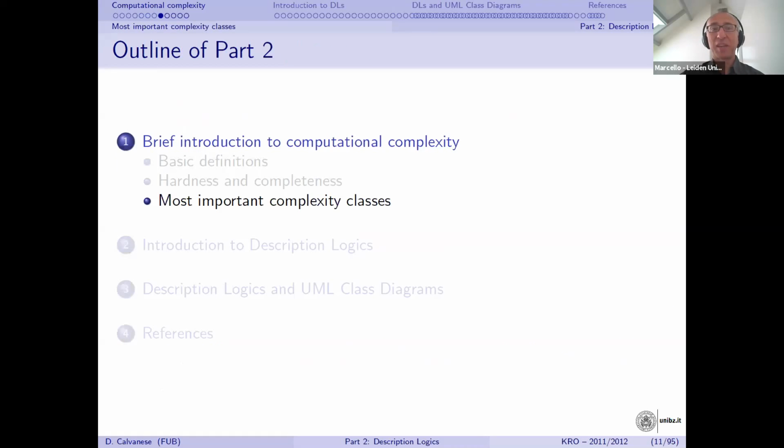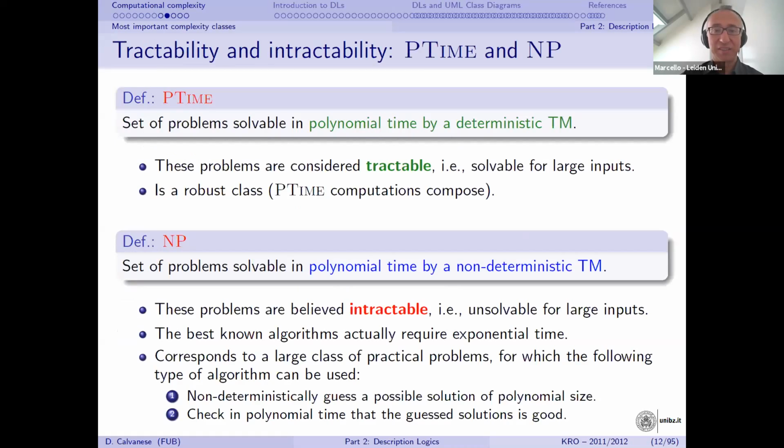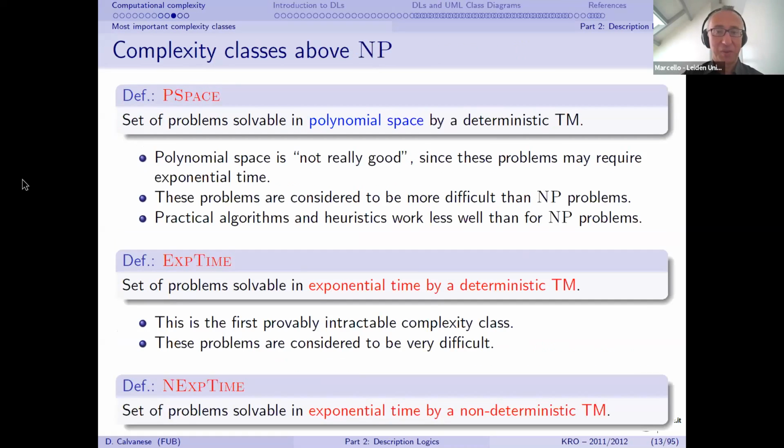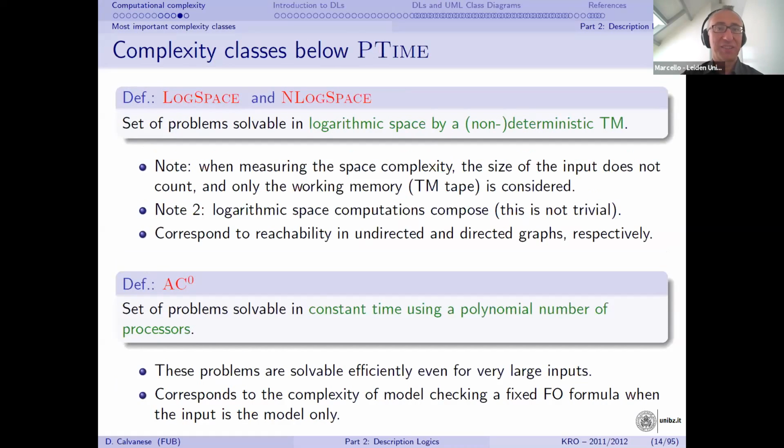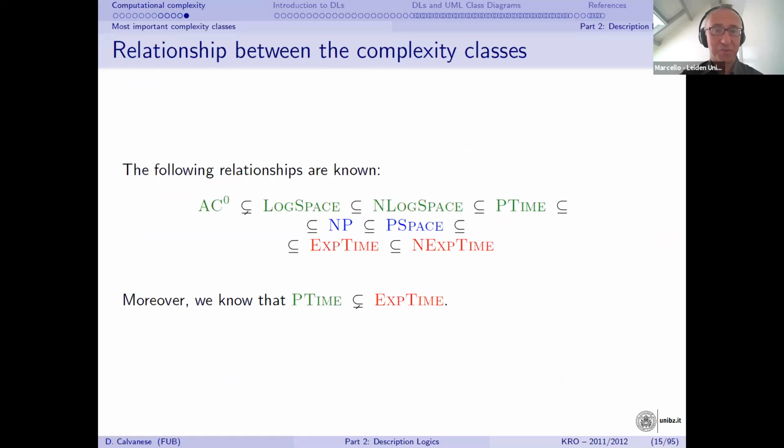So this is a kind of recap of complexity theory. There are polynomial time and NP and so forth, all these definitions. And again, I understand that this may be too much.